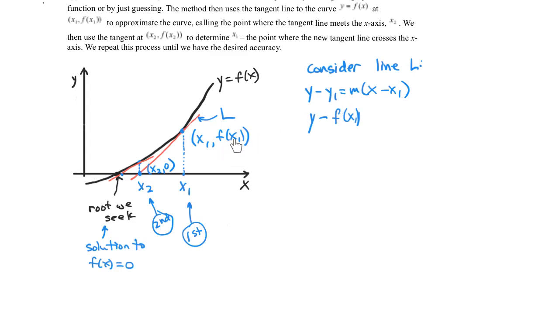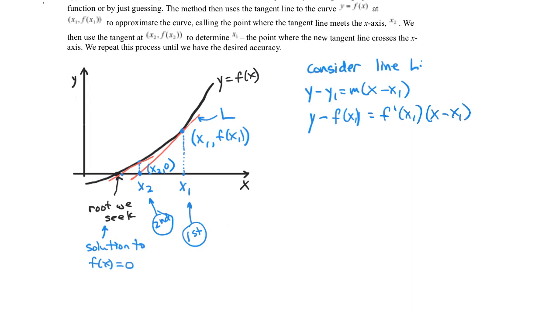And then the slope of this line is just going to be the derivative of that function at this point, right? Isn't the slope of this tangent just the derivative of that function evaluated at this point? So this is going to be equal to f prime of x sub 1 times x minus x sub 1.